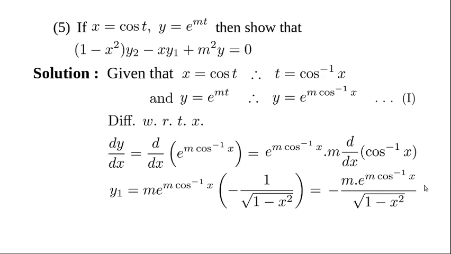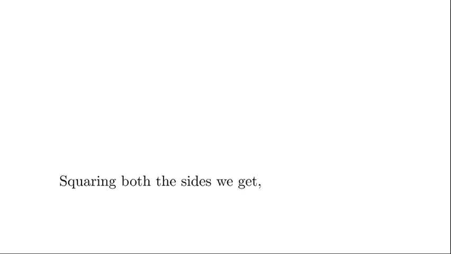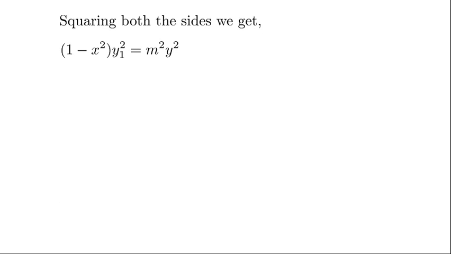So we can use equation 1 to replace this by y, and simultaneously cross multiply. So we get root of (1 minus x square) into y1 equals minus m y, from 1. Again, to remove this radical sign, we square both sides. So we get (1 minus x square) y1 square equals m square y square.